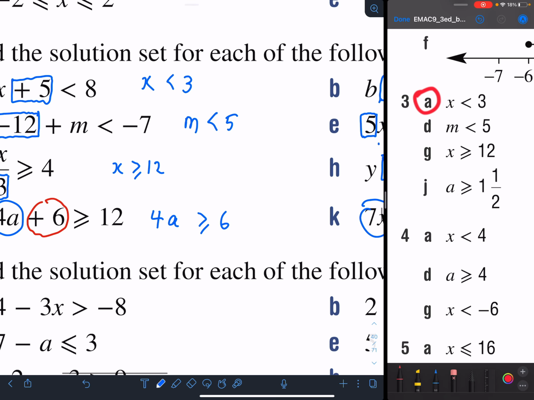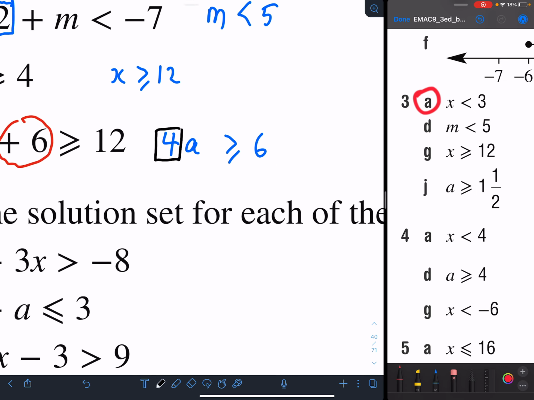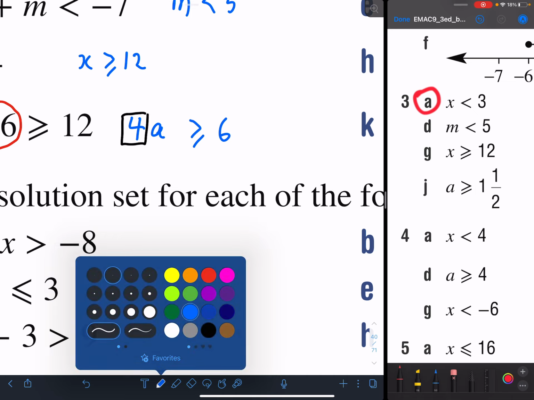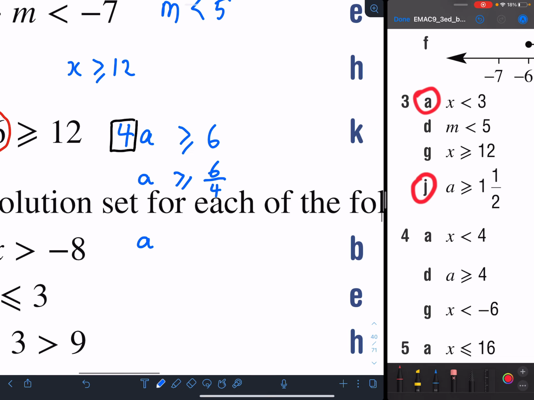Secondly, we want to remove the 4 from the left-hand side of the inequality, so we divide both sides by 4. That gives us 6 over 4, which, as it shows here, is 1.5.